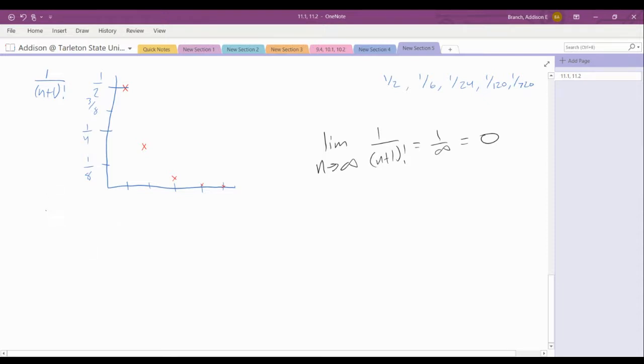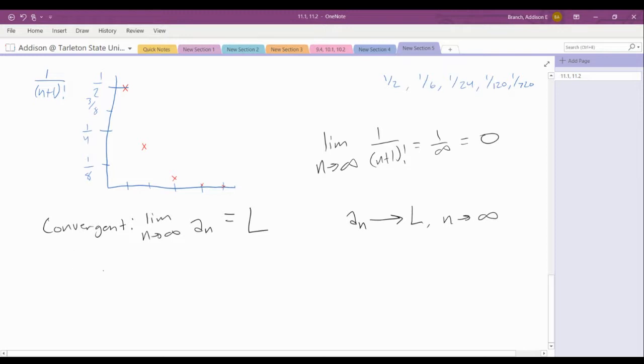So for a sequence to be convergent, the limit as n approaches infinity of a sub n, so like the infinite term in that sequence, must equal some finite number L. Or we can think of this as our infinite term approaches L as n approaches infinity.